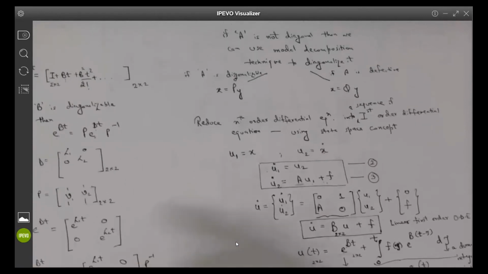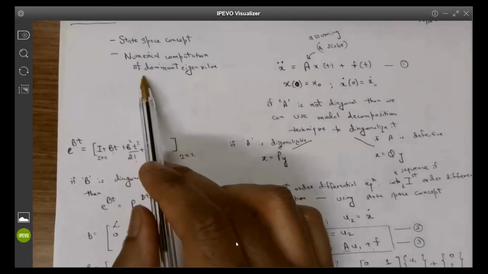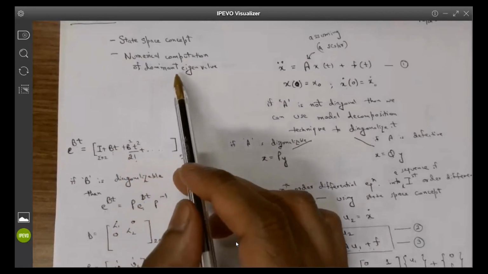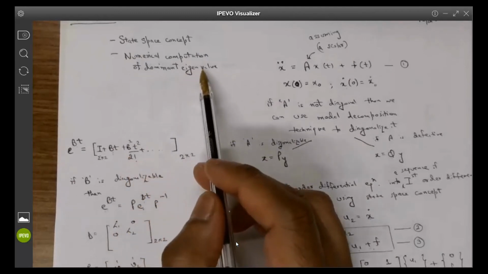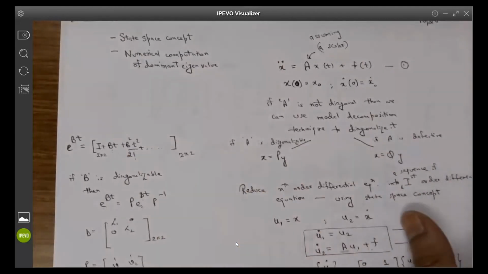So if there are no further questions, we will go back to the second concept that we need to cover, which is how to numerically compute the eigenvalue. And here we are going to work with the dominant eigenvalue.